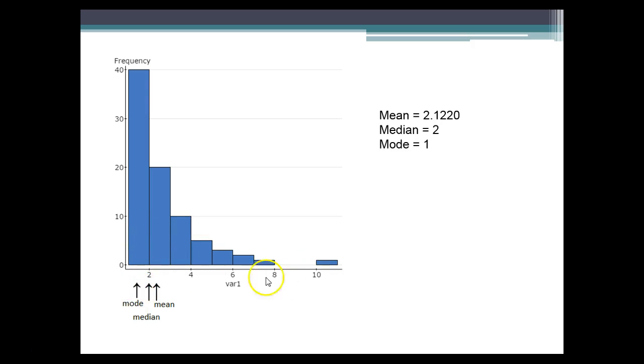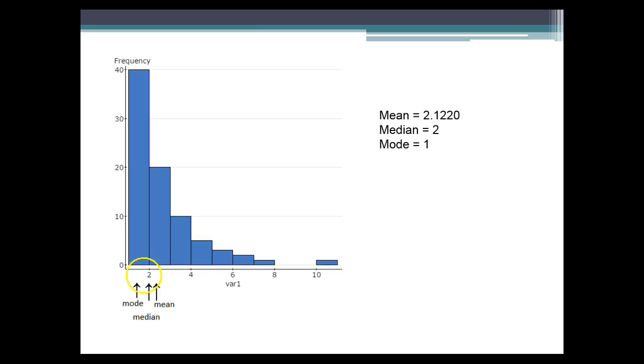For this data set, here's the mode. The mode is 1 because that's where the highest point is. The median is 2. That's where you've got half the data to the left and half to the right. The mean is a little bit to the right of the median because that's where, if this were a ruler and you had pennies stacked on it, you'd need to put your finger in order for that to balance.